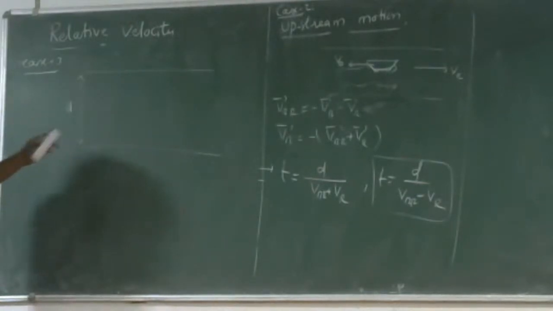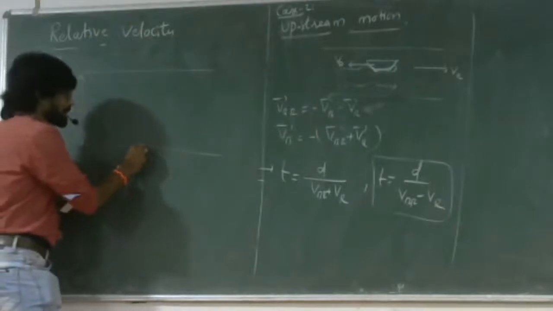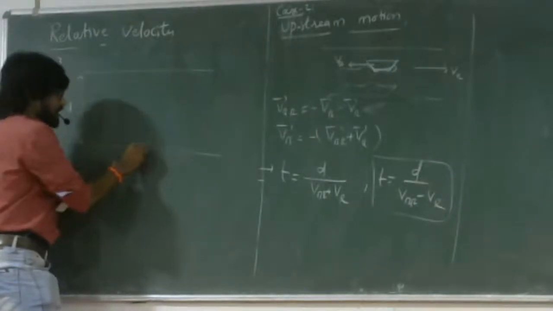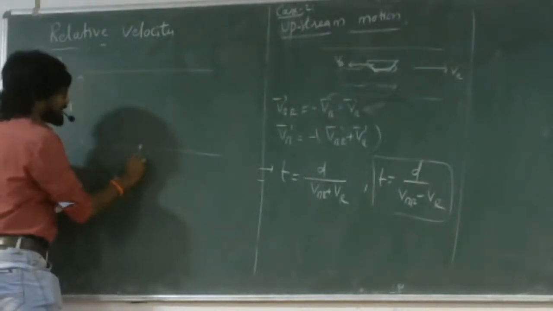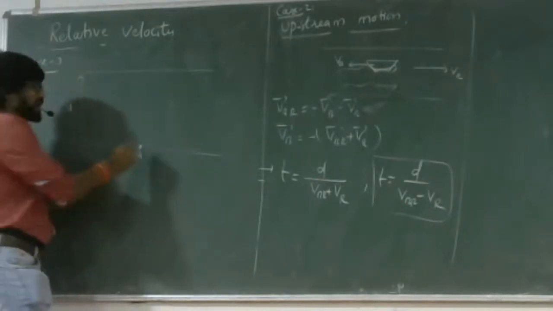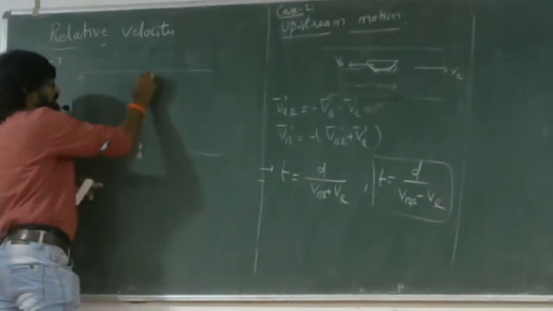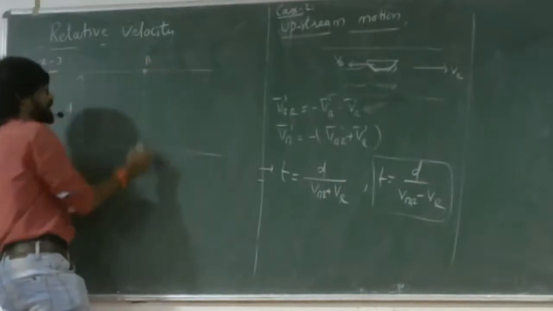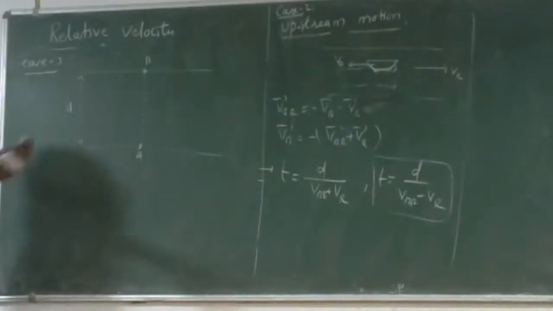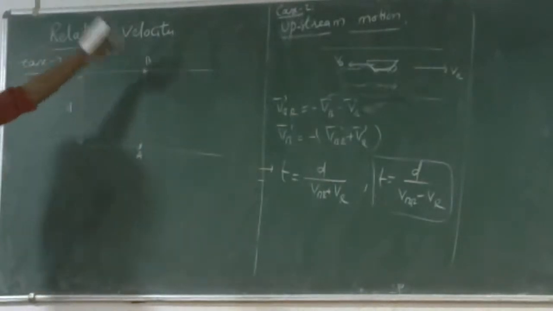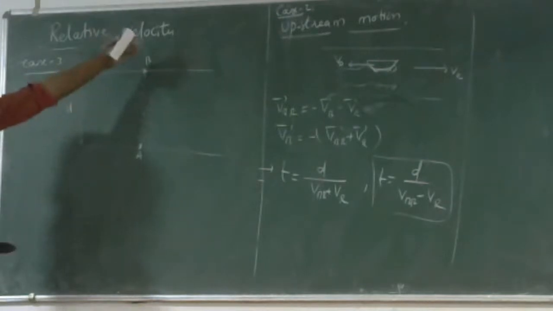Both are similar kinds of cases. If a person starts on one bank of a river at point A, he is trying to cross this river and reach this point B exactly on the opposite bank.